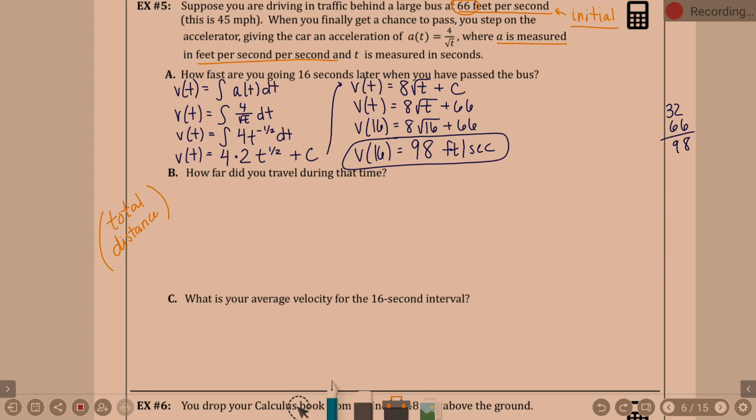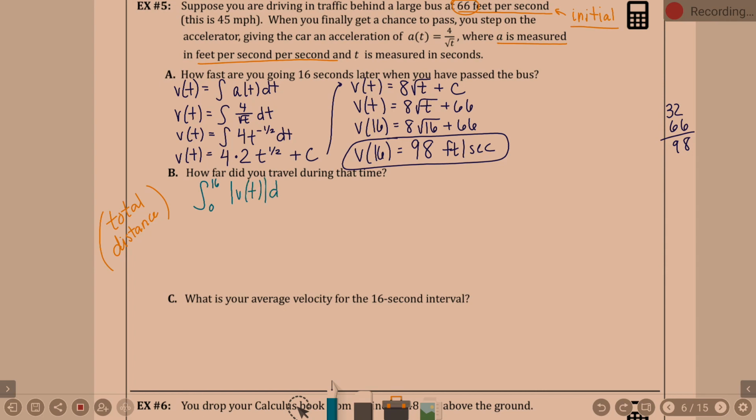If we're trying to find total distance, it's the integral of velocity, and it's going to be from 0 to 16. But we have to do what with the velocity? Since it's total distance, we want to include positives and negatives, so we want to think absolute value again. As I write this, the integral from 0 to 16 of the absolute value of V of t dt.